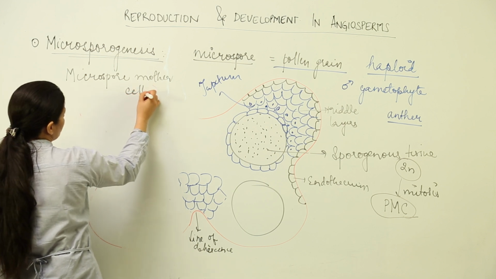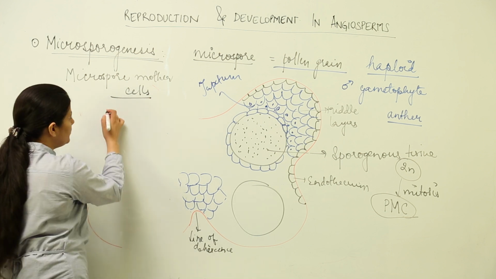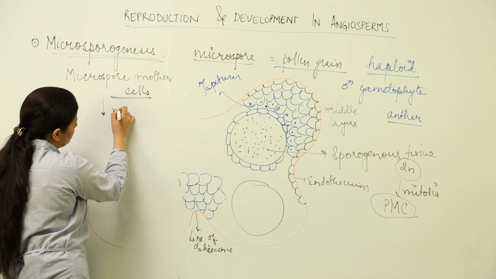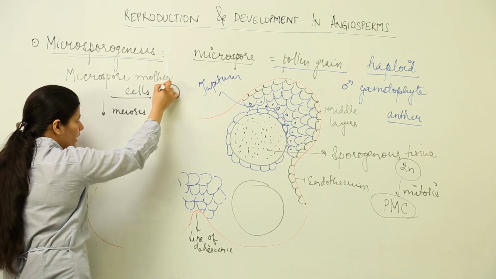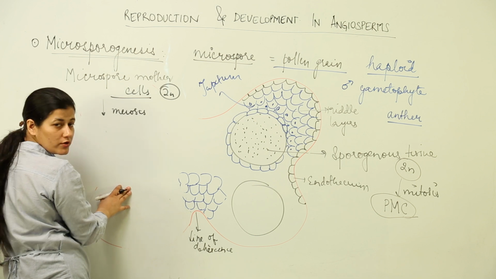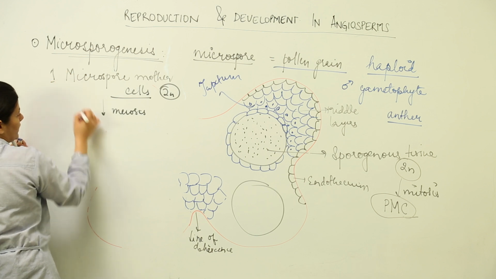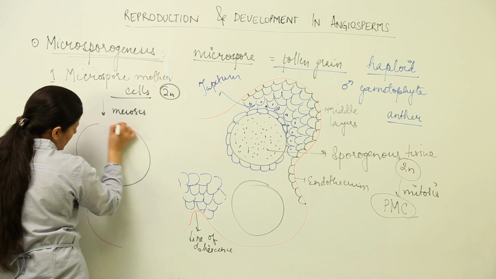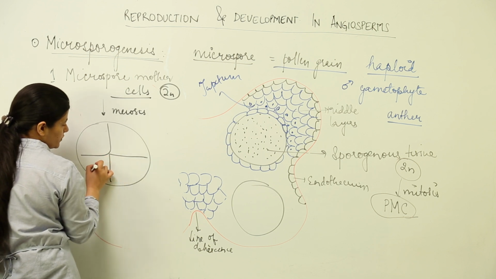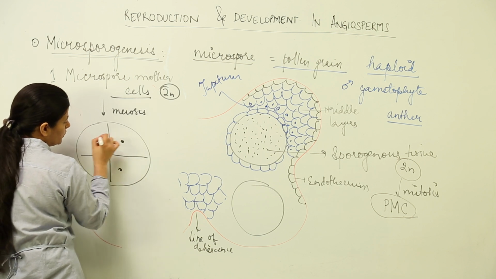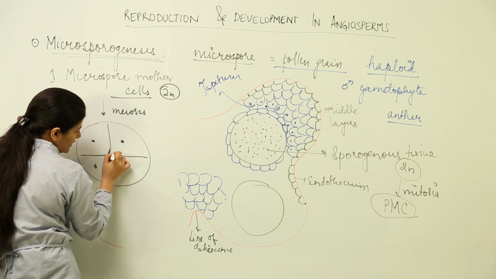These microspore mother cells now would undergo meiosis. These are 2N. When they undergo meiosis, as you know, meiosis results in the formation of 4 cells. So each microspore mother cell would form a pollen tetrad, 4 cells which are joined to each other. Later they undergo dehiscence, or you can say they get rid of the water that is present, that is joining them.